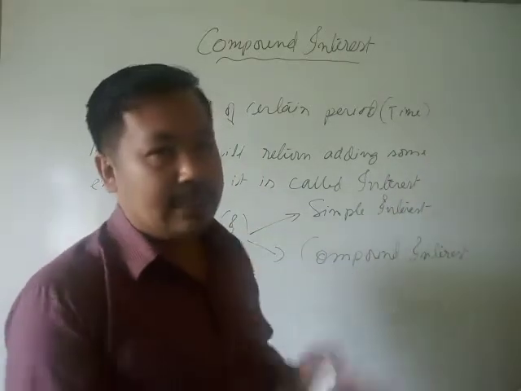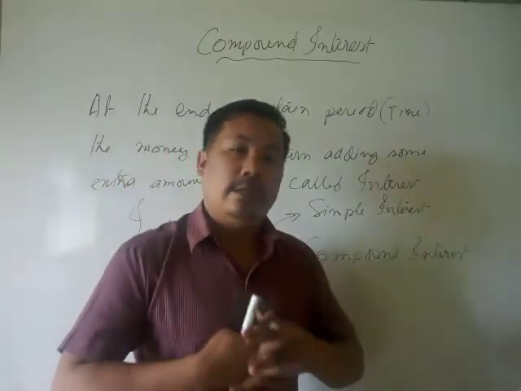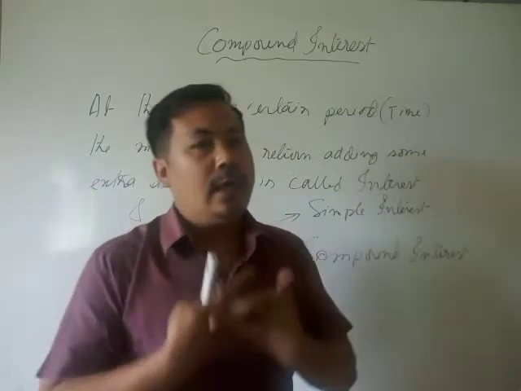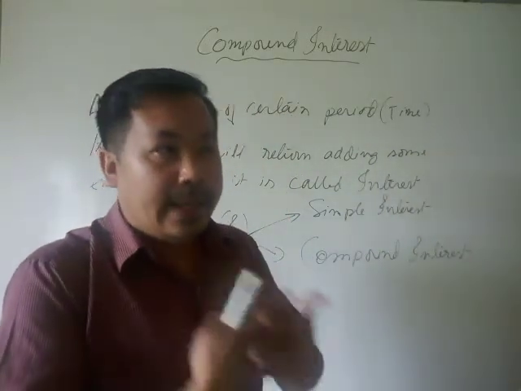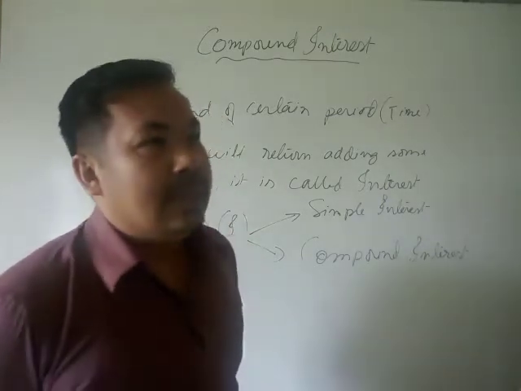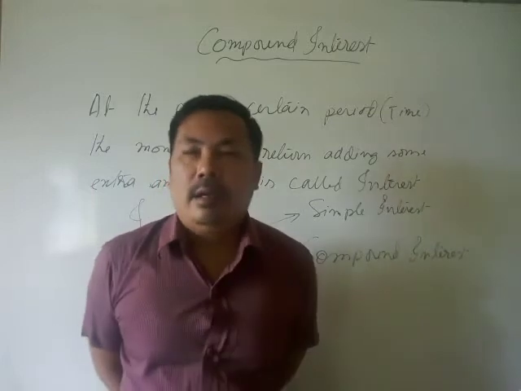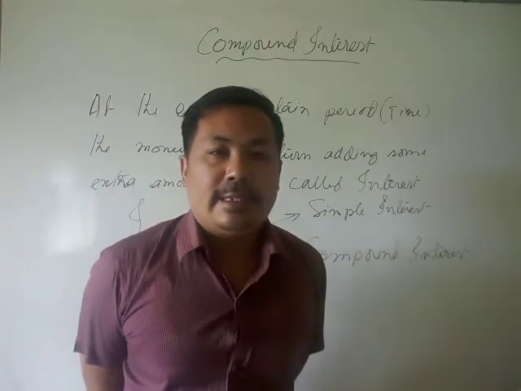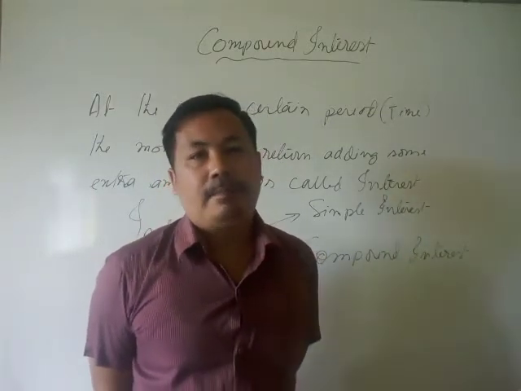Now today in this chapter we are going to study about compound interest. But before that we have to understand once more what is simple interest. Simple interest is the interest where the interest will not be changed in any year.